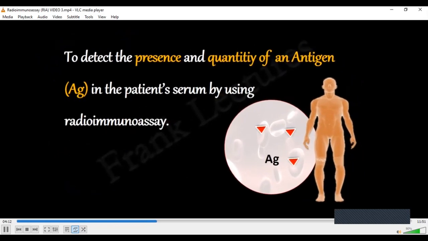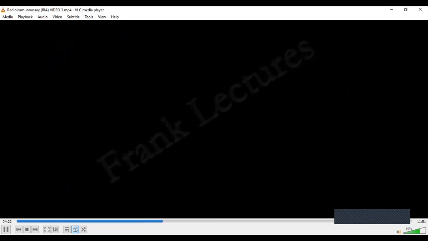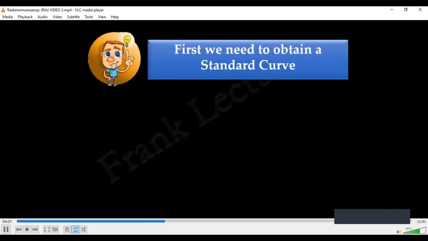Suppose we want to detect presence and quantity of an antigen in the patient's serum. We suspect that this patient's serum has the antigen of interest. To quantitate the antigen present in the patient's serum, first we need to obtain a standard curve.